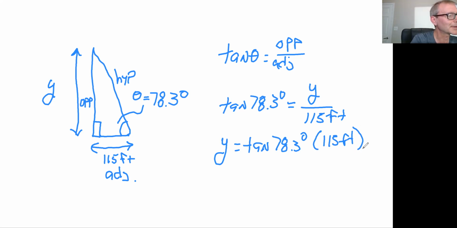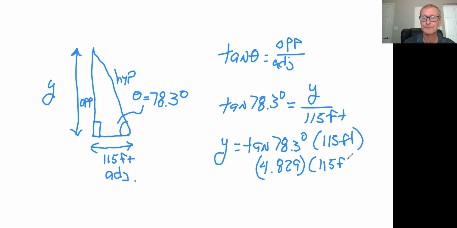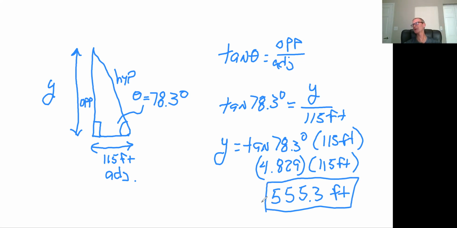If you get out your calculator, tan of 78.3 gives me about 4.829, rounding a little, times 115 feet. When you do that calculation, rounding to the nearest tenth, you get about 555 feet.